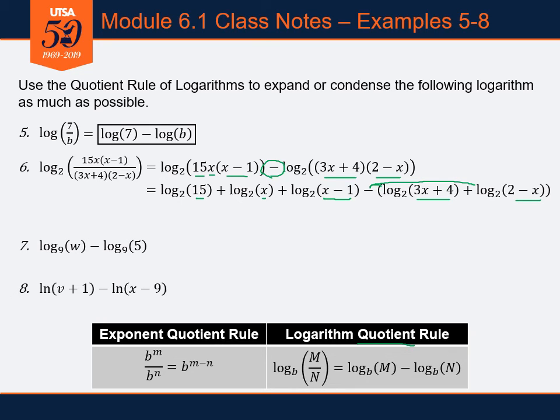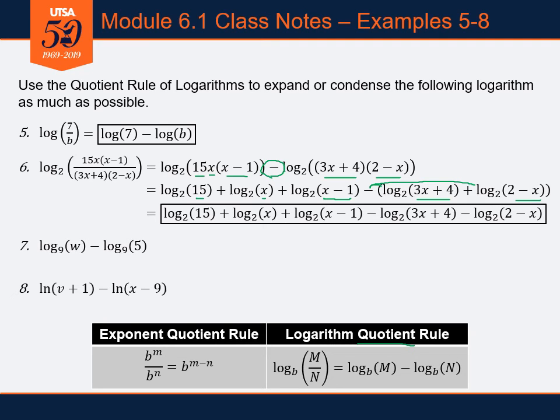So I have to make sure that that minus sign gets applied to both the log base 2 of 3x plus 4 and the log base 2 of 2 minus x. That's just distributing a minus sign. And when I do that, I'll go ahead and read it: log base 2 of 15 plus log base 2 of x plus log base 2 of x minus 1 minus log base 2 of 3x plus 4 minus log base 2 of 2 minus x. And that's relatively lengthy, but that is as far as I need to take it. That's exactly what they're looking for as far as an answer here.